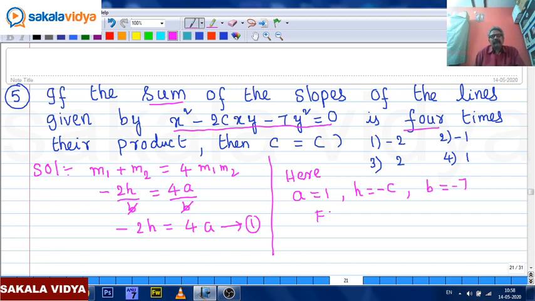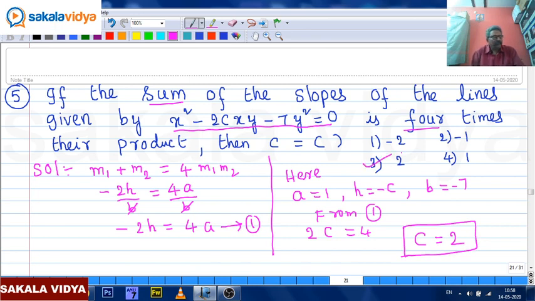Now from 1, h is replaced by minus c: 2c equals 4a, so c equals 2. So that means the third option is the right option.